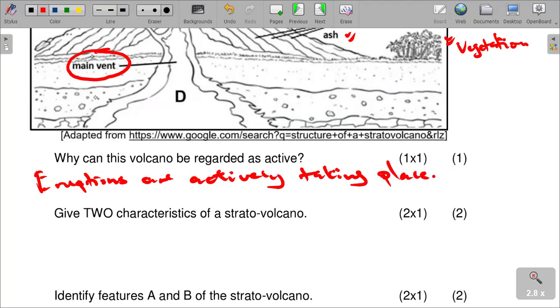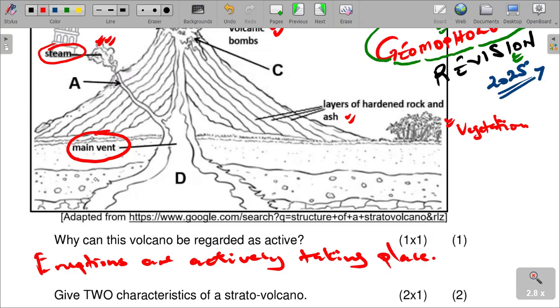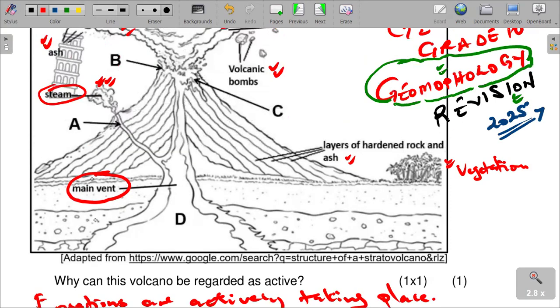Therefore, we can say that the volcano is active, which is shown by all these layers that are accumulating here. We have layers of hardened rock and ash that we are seeing here. We still have volcanic bombs that are coming out. We also have the steam that we can see through the main vents and all those things that are shown on the diagram.